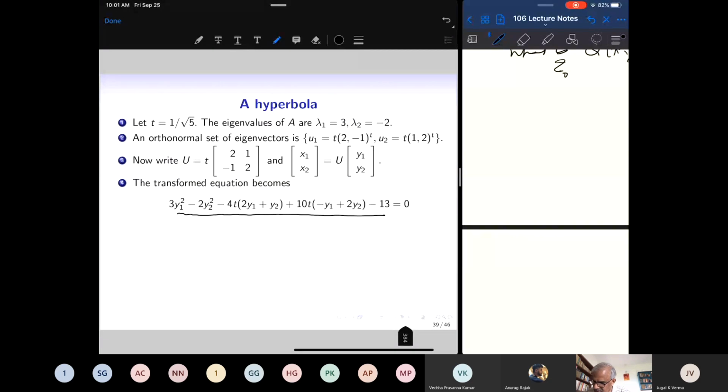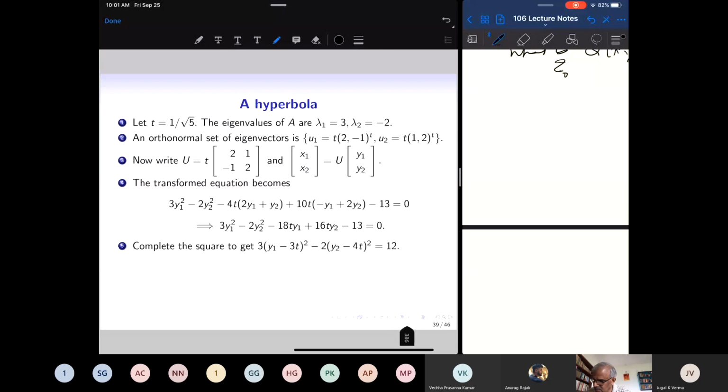So then I will complete the square by using 3y1 square minus 4t 2y1 plus 10t minus y1, and then complete the square for minus 2y2 square, 20t y2. Okay, so complete the squares, and then we get this equation.